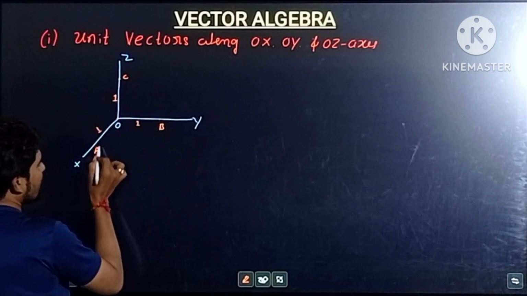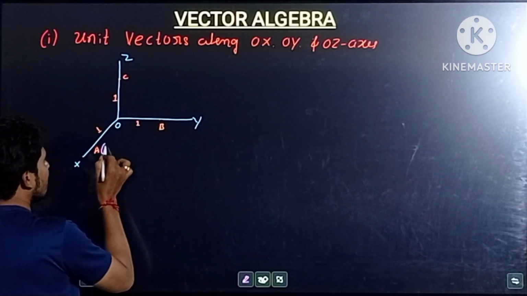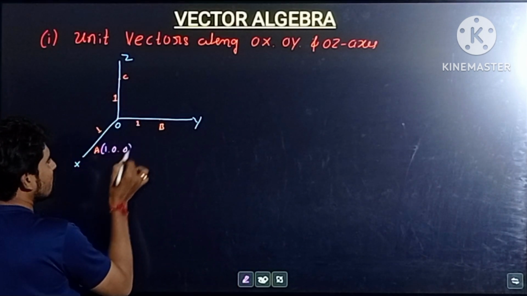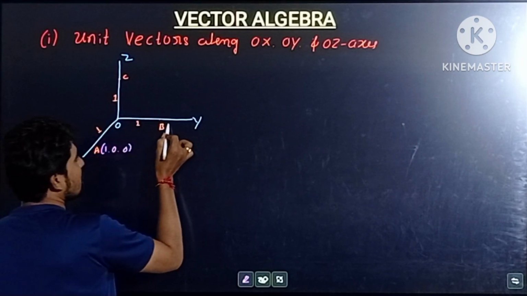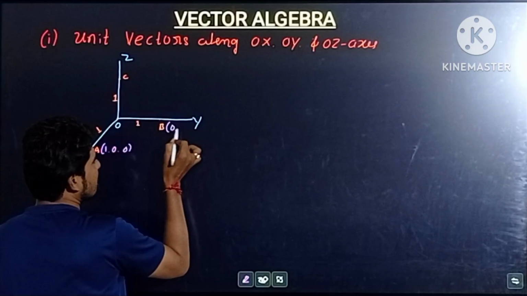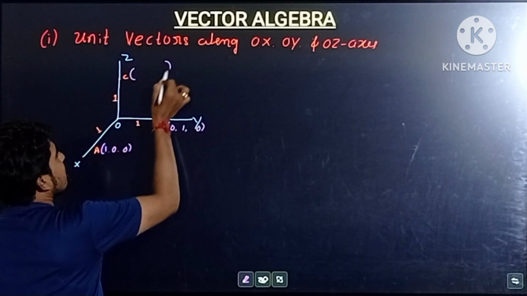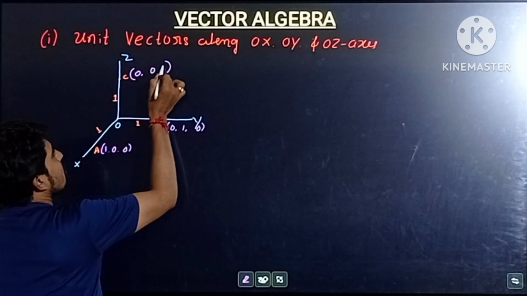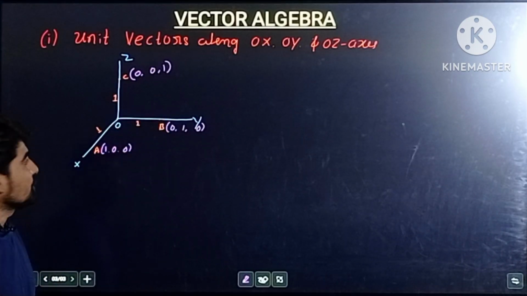Then the coordinates of the point A are 1, 0, 0, since on x-axis the y coordinate and z coordinate are 0. Similarly, the coordinates of the point B are 0, 1, 0, and the coordinates of the point C are 0, 0, 1, since on z-axis the x coordinate and y coordinate are 0.